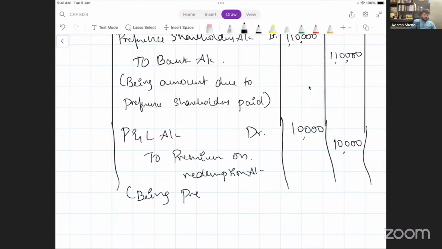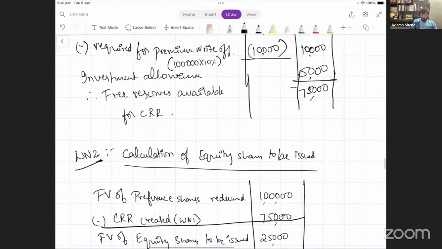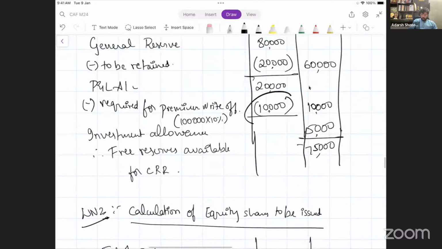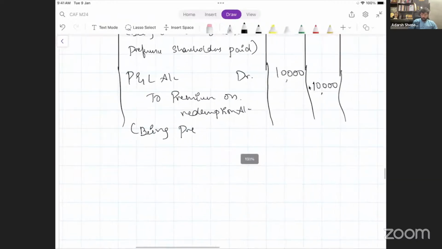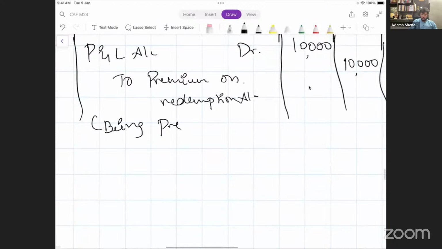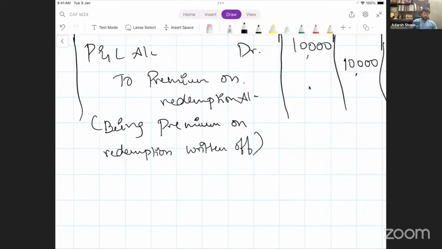We had kept this 10,000 aside in the P&L account because we had to debit it for the premium. While calculating, we set aside 10,000 because it is needed for the premium write off. We are done. That's it.